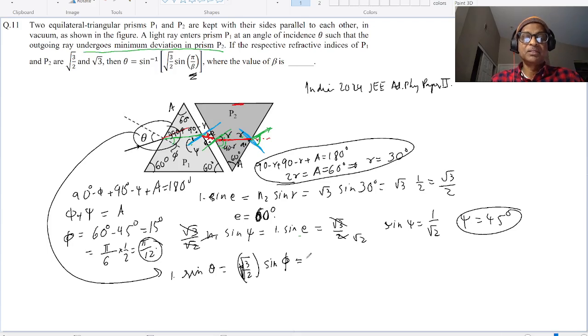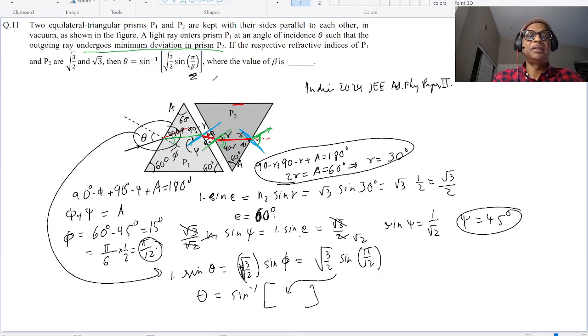So this is square root of 3 over 2 sine pi over 12, and of course theta is going to be arc sine of this thing, and reading from there, beta is 12. So beta is going to be 12.